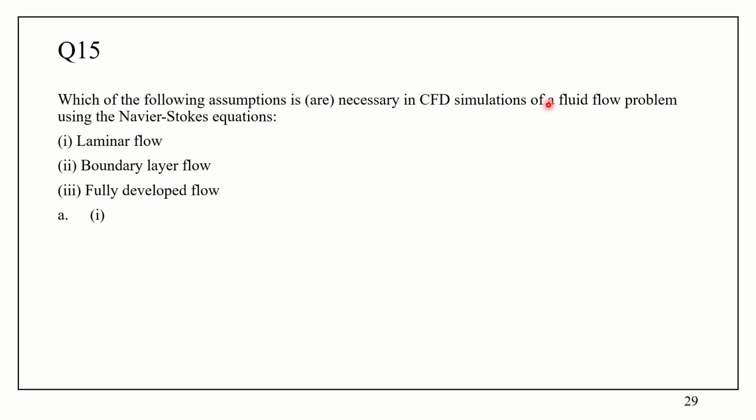Coming to the options: option A is 1, option B is 1 and 2, option C is 1, 2 and 3, and option D is none of the above.